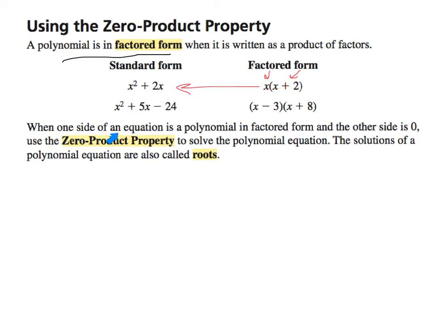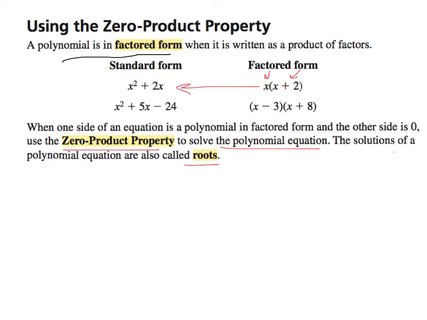When one side of an equation is a polynomial in factored form and the other side is 0, you are going to use the zero product property to solve that polynomial equation. The solutions of a polynomial equation are called the roots. So the roots are also the solutions of a polynomial equation. Let's talk about your core concept.